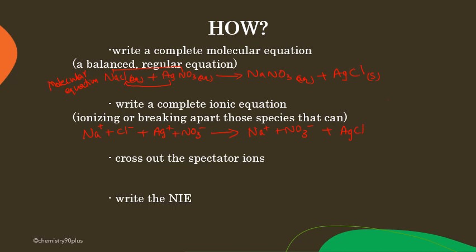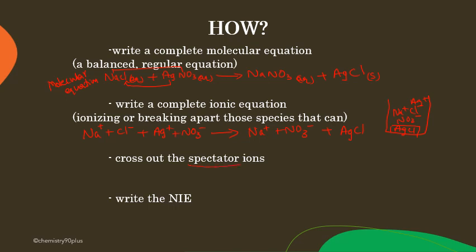In the liquid, all the ions are floating around: sodium ions, chloride ions, NO3 ions, and Ag ions, except AgCl, which will be the solid at the bottom. That is the picture of it. Then we cross out the spectator ions.